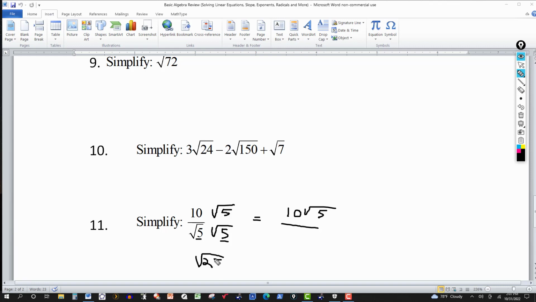And the square root of 25 is 5. No more radical. But here, these are just regular numbers. This 10 is not a radical, 5 is not a radical. I can divide those out. 10 divided by 5 is 2. Gives me 2 square root of 5. And that's your simplified answer for that one.